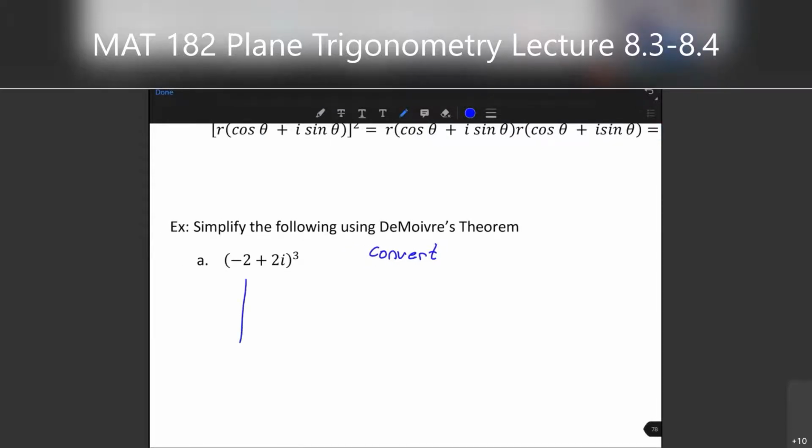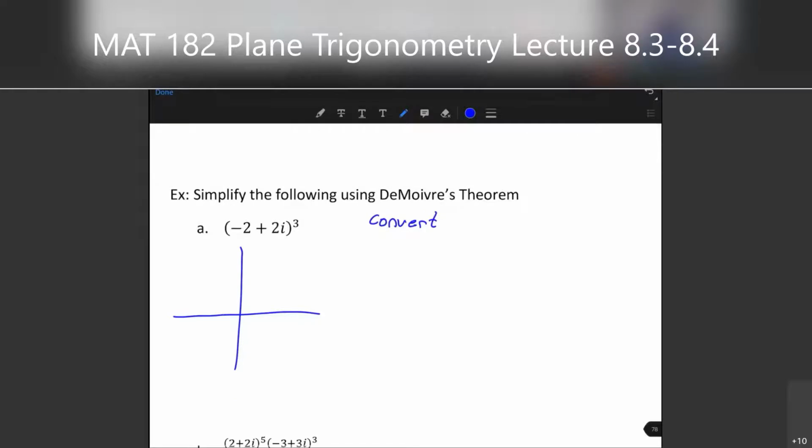And so to do that, I'm going to draw this out a little bit and see if I can find its modulus and its argument. So we have -2 and 2i in the center. So I'm going to just try to replicate that vector that we're cubing here.